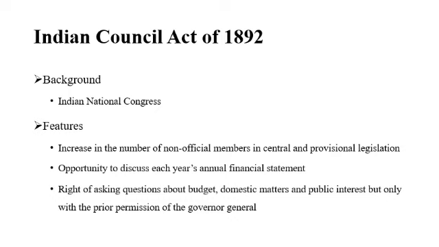Number 2, opportunity was provided to the non-officials to discuss each year's annual financial statement. They could be given the right of asking questions about the budget, domestic matters, and public interest, but only with the prior permission of the Governor General.